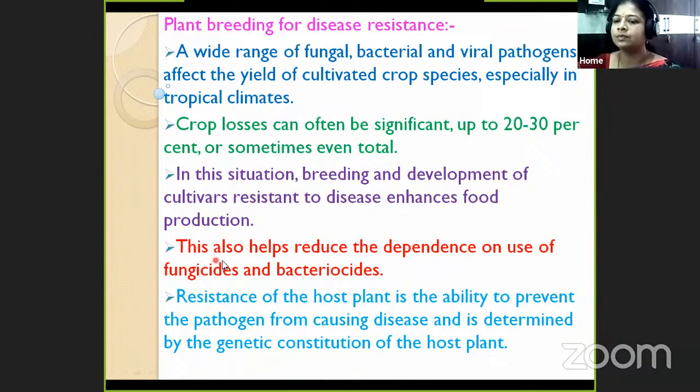This also helps reduce the dependency on the use of fungicides, bactericides, and insecticides. By the development of disease-resistant varieties, the usage of fungicides is reduced. Fungicides are the chemical substances which are used to prevent the growth of fungi.